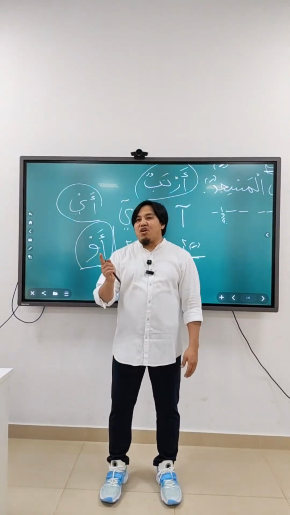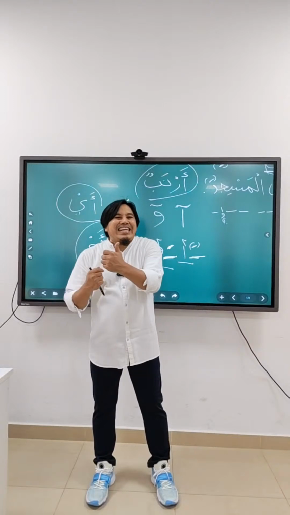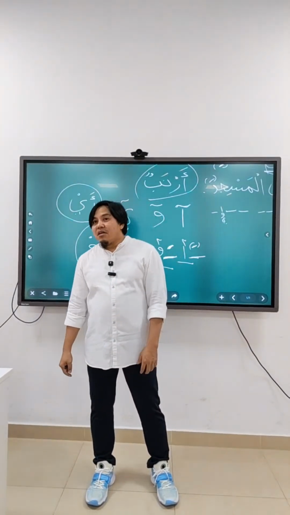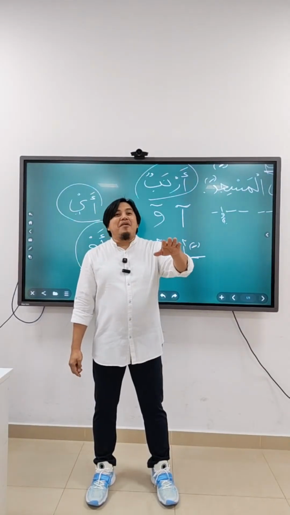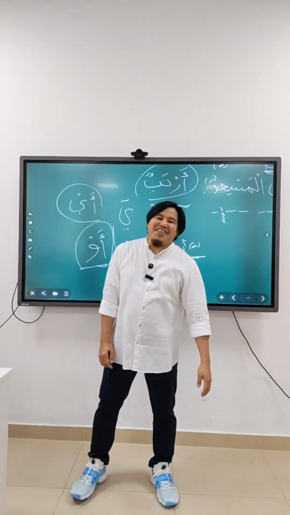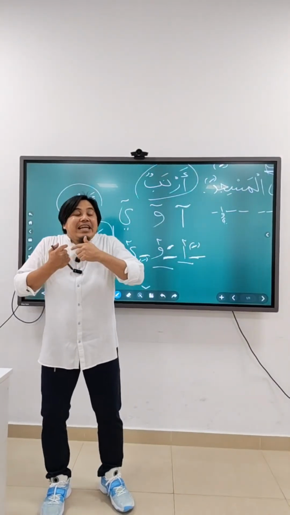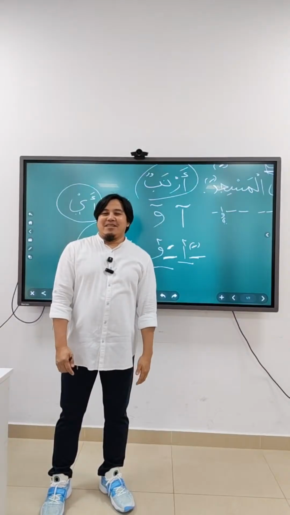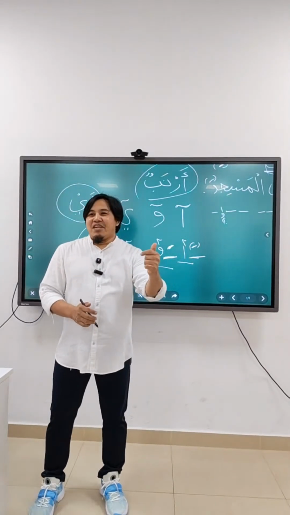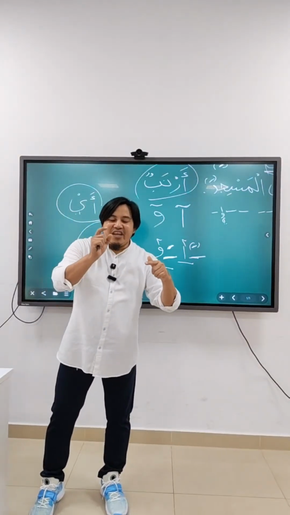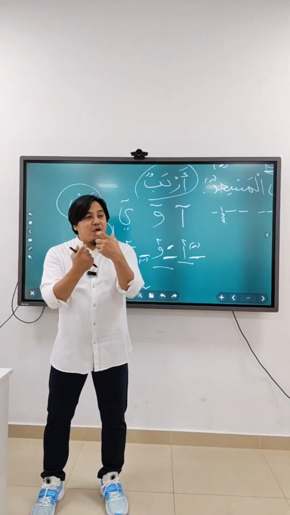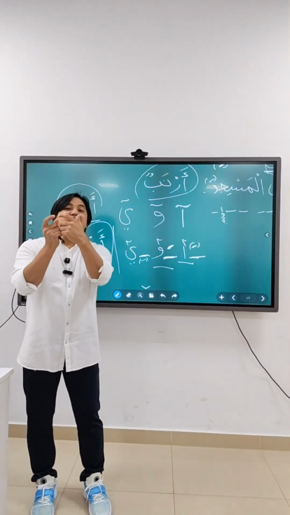But actually, brothers, this is another type of prolongation that we call in Arabic madlin. Do you know who is madlin? That's why in Surah Quraysh, li'ilafi Quraysh, so you have prolongation of 2 counts, Quraysh.